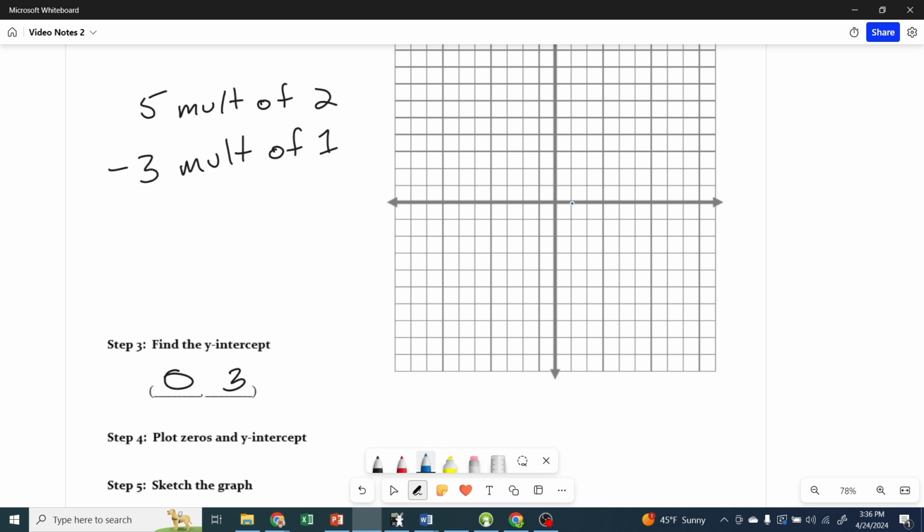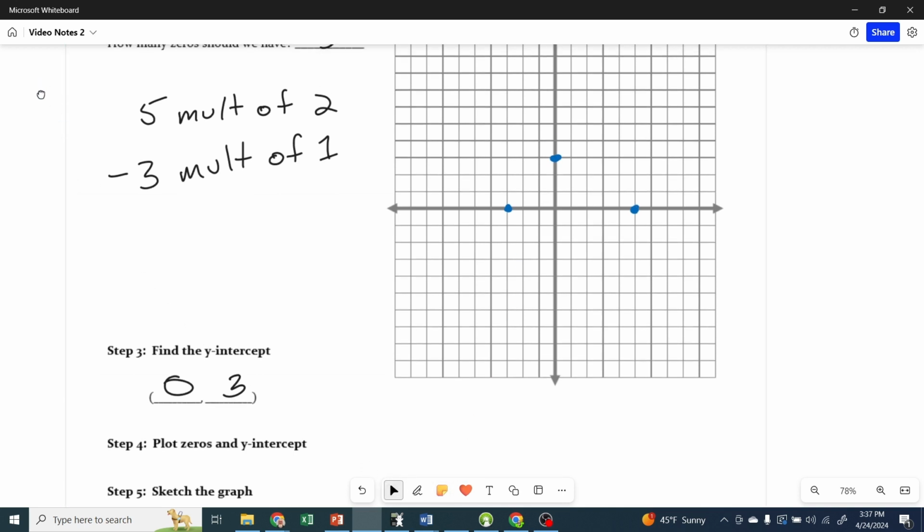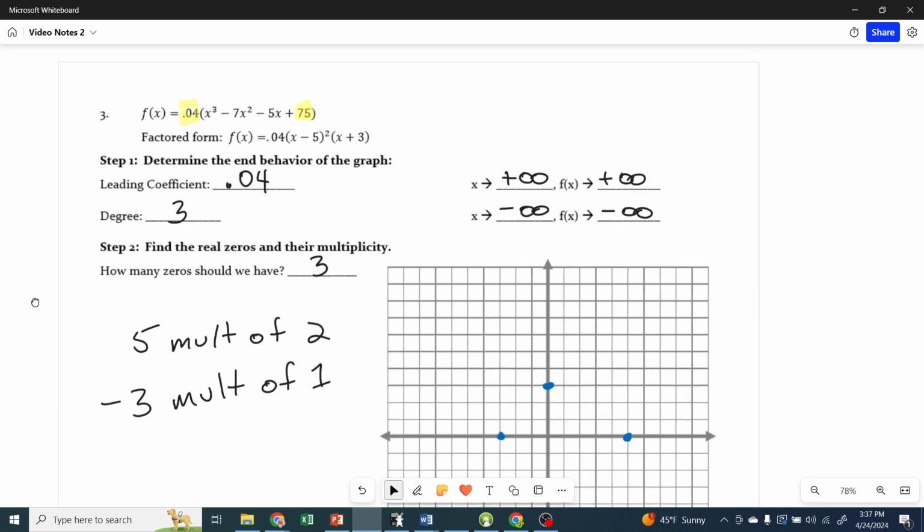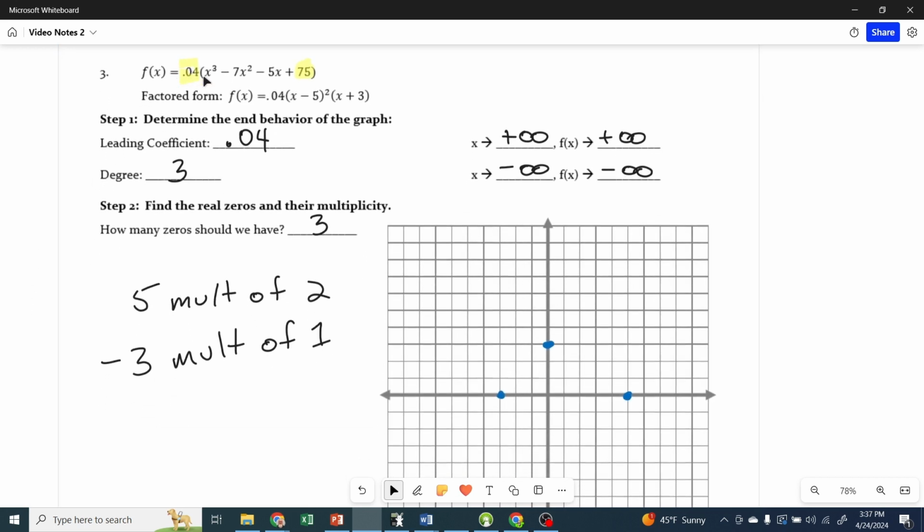So we'll go to 5, and we put a dot here, and negative 3, and then we're going to have this point of 3. Now, if we go back to what we learned last semester, when we have a coefficient here of 0.04, it's less than 1, it flattens this graph down and it smooths it.